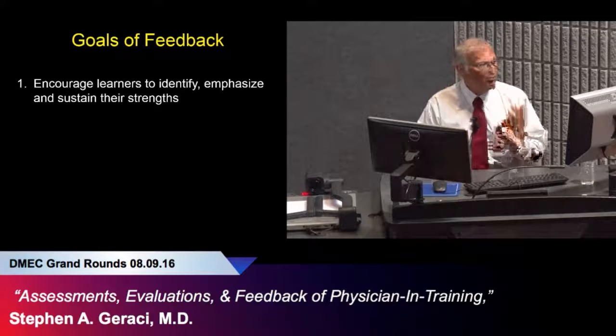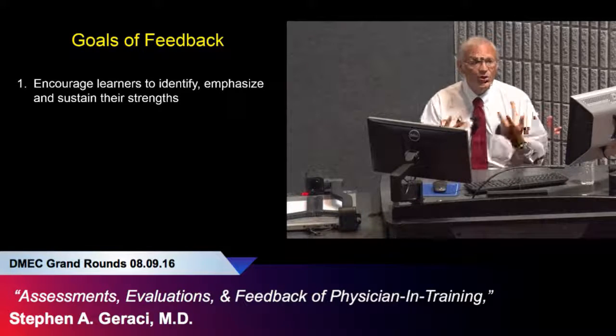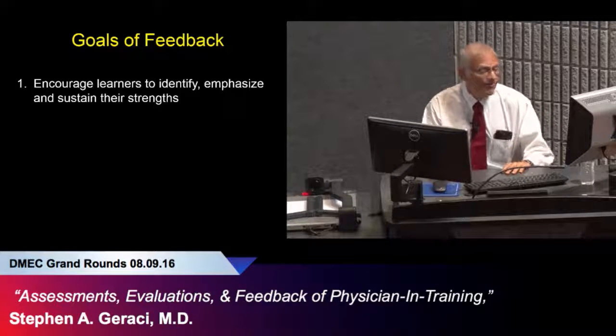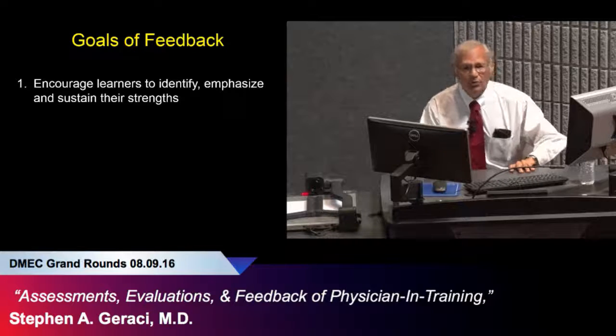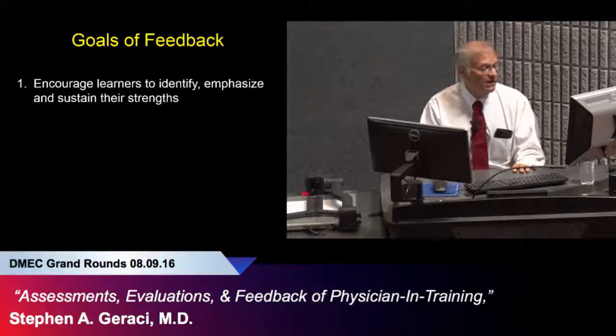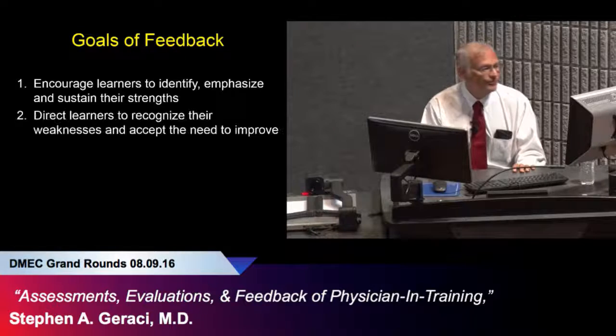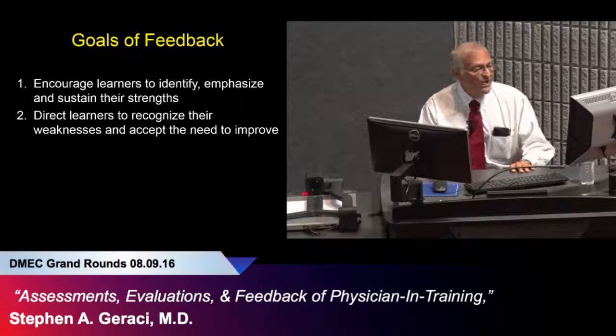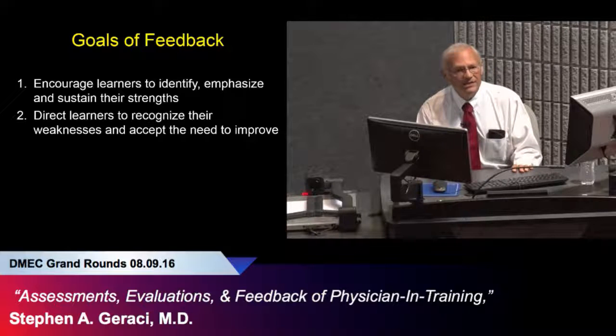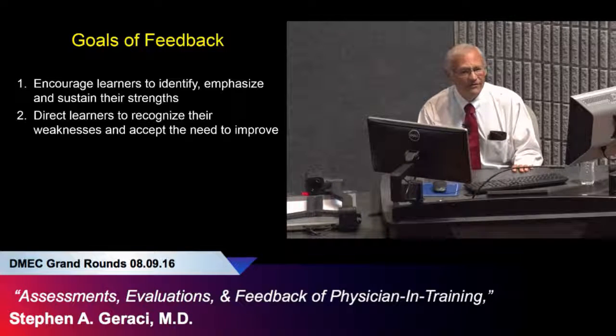We always assume at that point they've not gotten other feedback, so you are more or less assessing them de novo and don't know if another attending or another resident told them identified problems or had recommendations for them. You want to direct learners to recognize their weaknesses and accept the need to improve. Okay? If this is not achieved, all your efforts are going to fail.